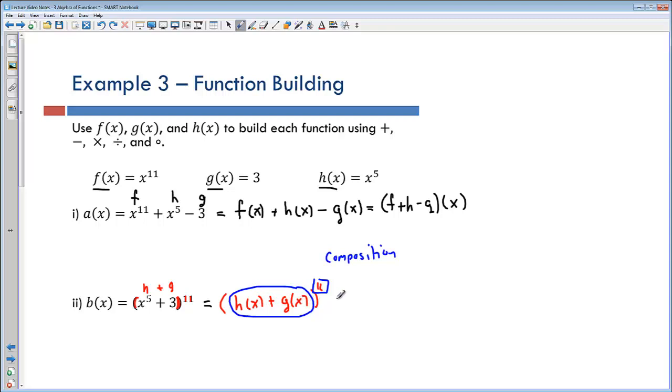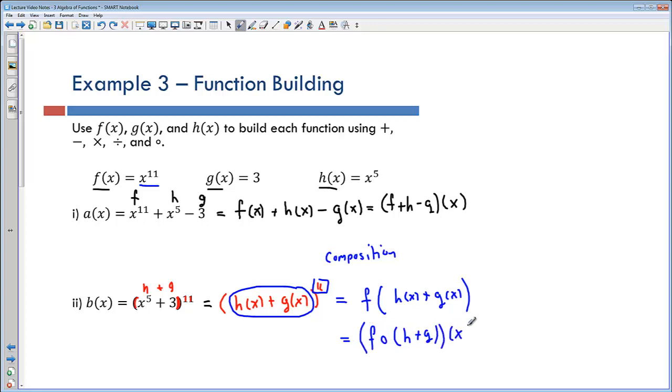So we can rewrite this: that to the 11th power is really the x to the 11th, so we can rewrite this as f of h of x plus g of x. And then we could go one step further and rewrite this as f composed with h plus g, of x.